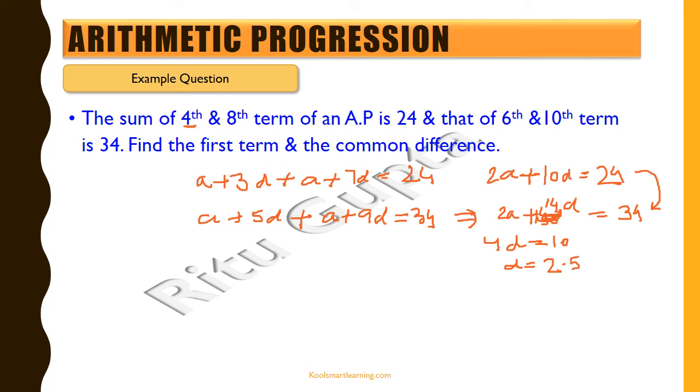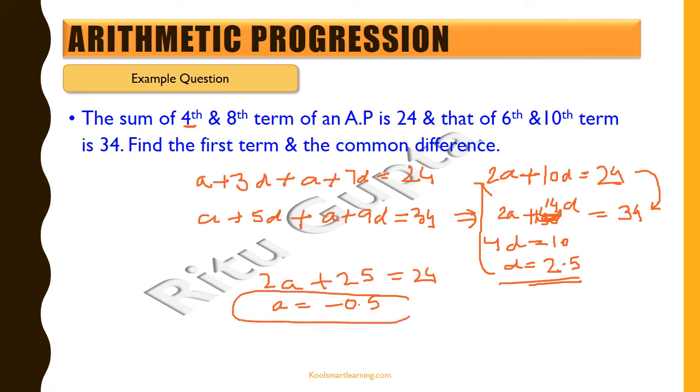Now we can put this value of D in the first one. That gives us 2A plus 25 is equal to 24, which would mean A is equal to minus 0.5. So we know this is the first term of the AP and this is the common difference of this AP.